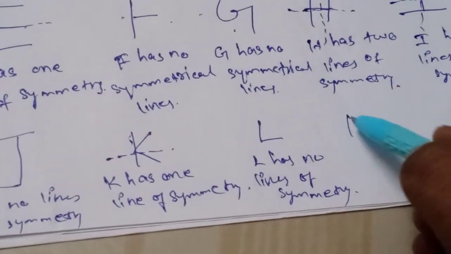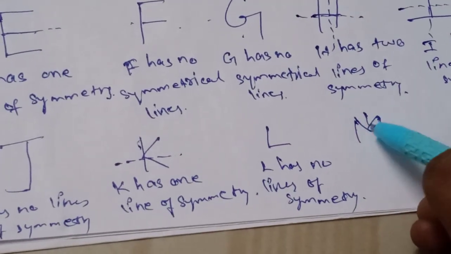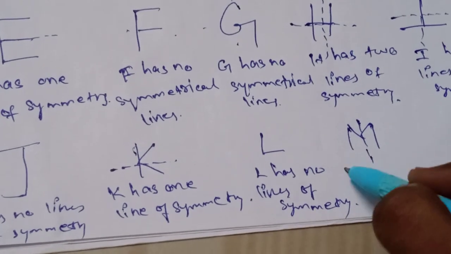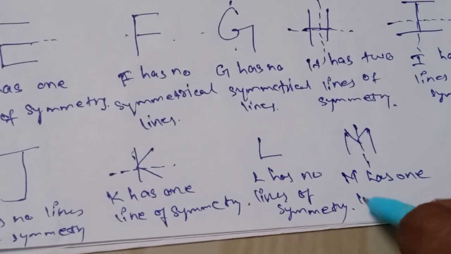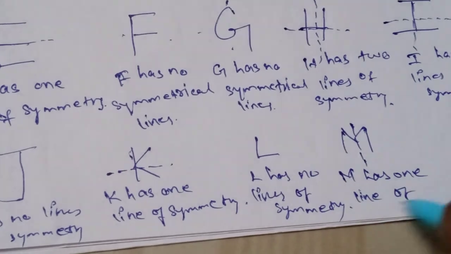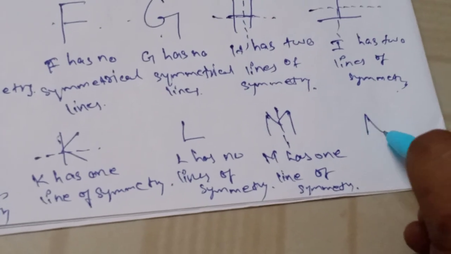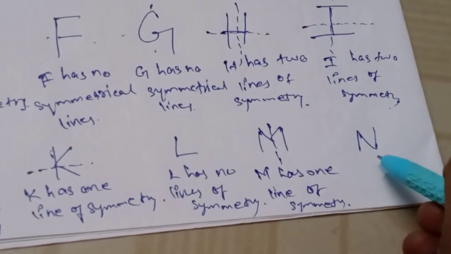Next M. How can we divide M? We can divide it by this way. So it has equal on both the sides. So M has one line of symmetry. Then N. How can we divide N? It is not possible.